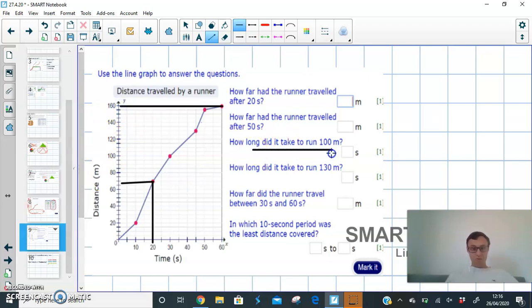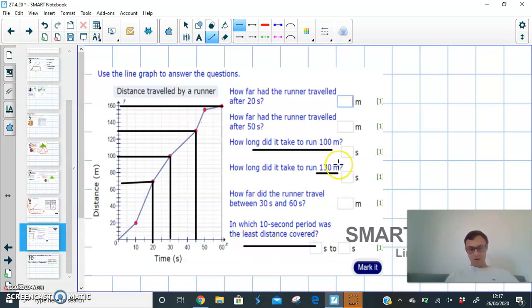Okay, how long does it take the runner to run 100 meters? So I need to go along 100 meters. Here it is, that's what I'm measuring. Go along, and then go down. Well, clearly then it took him 30 seconds, didn't it? How long does it take him to run 130 meters? Well, 120, 125, 130 would be this point. Go along and go down. It took him 45 seconds, okay?